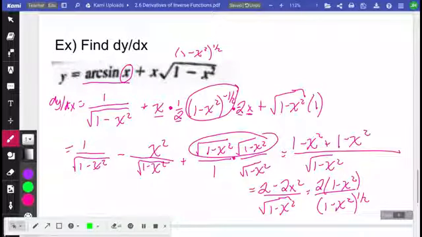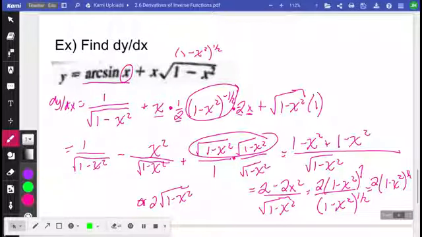So I have one full 1 minus x squared on the top, and I have the square root of that on the bottom. So I have one of them on top and half on bottom. So if I use the fact that those are similar terms and simplify, one on top, half on bottom, I'm left with half on top because you subtract exponents. So you can leave it like that, or you can write it as 2 root 1 minus x squared. That's kind of up to you.